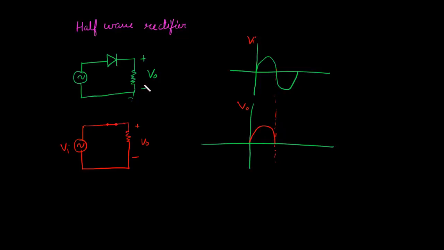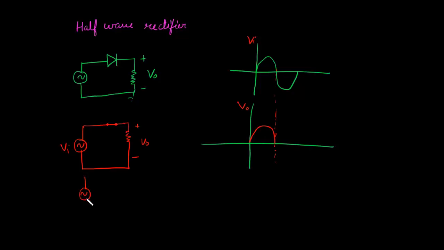But as soon as the voltage across the diode is reversed, meaning the anode voltage is less than the cathode voltage, or the input voltage is in the negative half cycle, the diode acts as an open circuit, and thus the voltage across this resistor becomes zero.